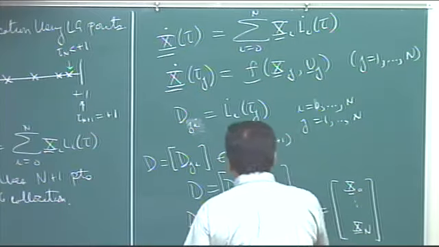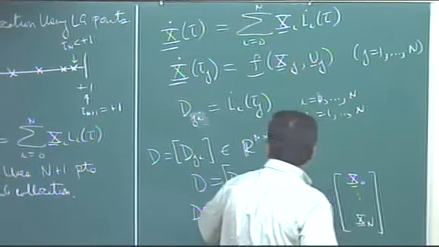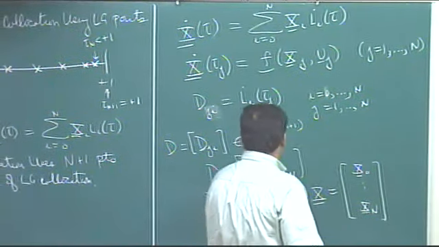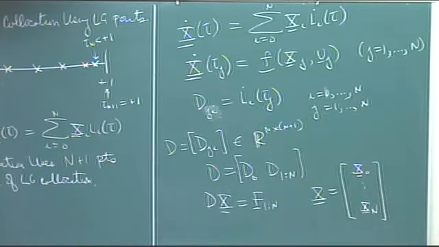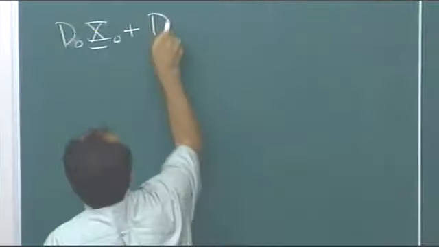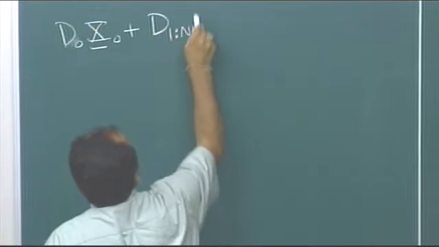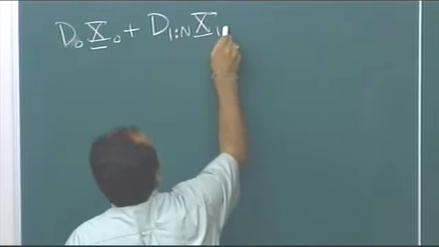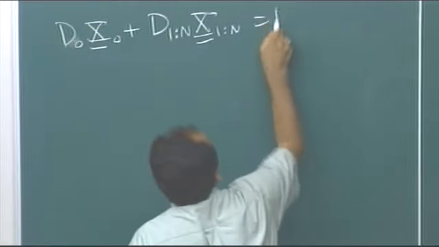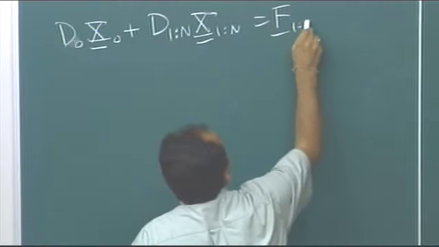So we wound up with a system that actually had one more point on the left side than on the right side. So we were able to decompose it as D0 times x0 plus D 1 colon n times x 1 colon n is equal to f of 1 colon n.